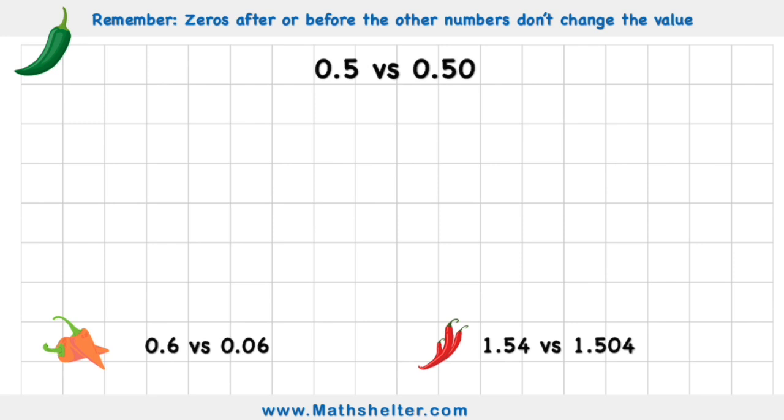So we take our first example, this green chili challenge. We have 0.5 versus 0.50, and we want to see if they are the same or if one has a greater value. So the first thing we need to do is draw out our place value chart, because when we talk about number value, the number place value chart is what we're going to use.